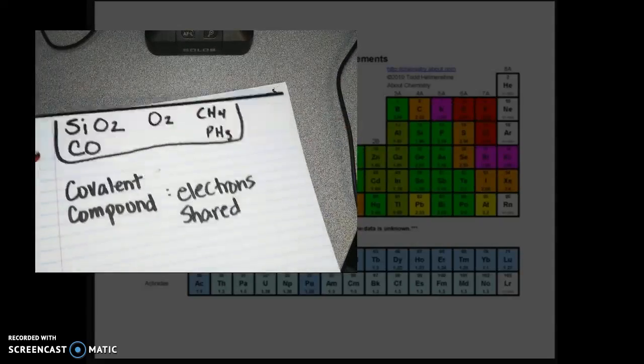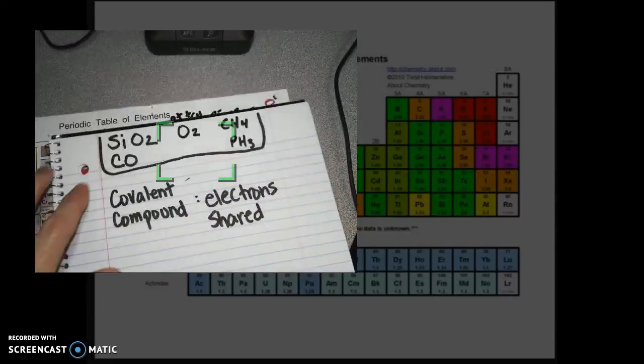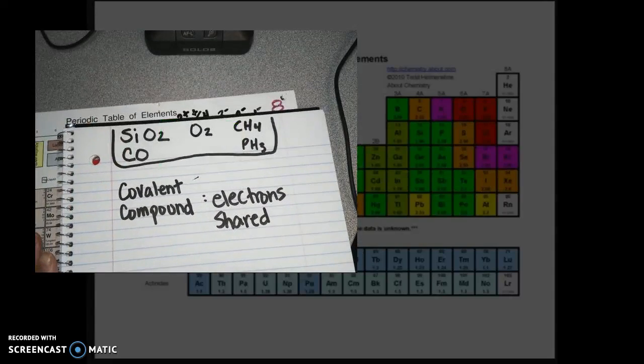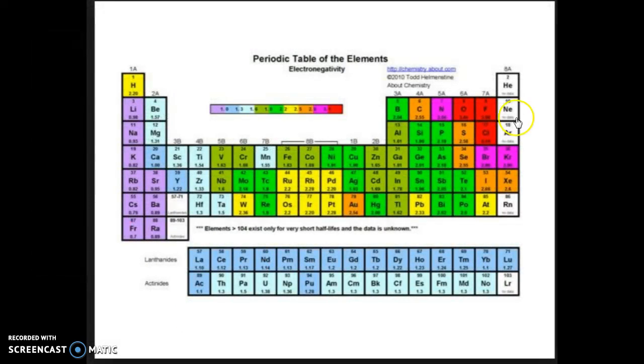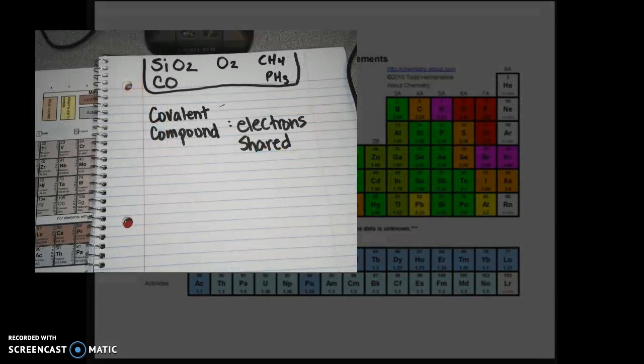Oh, excuse me, the least electronegative goes in the center. The least electronegative goes in the center. All right, so in this case, going back to the screen here, we'll notice that silicon is less electronegative than oxygen, so silicon goes in the center, and it is surrounded by oxygen.